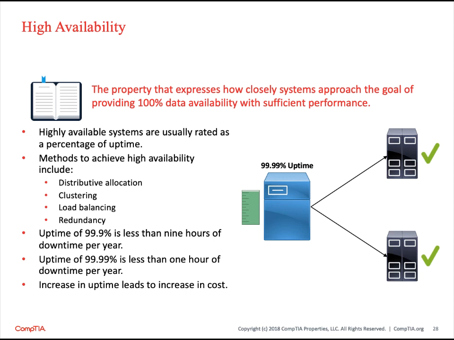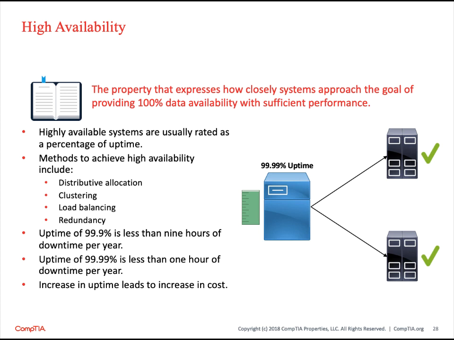High availability. This is the property that expresses how closely systems approach the goal of providing 100% data availability with sufficient performance. So high availability systems are usually rated as a percentage that shows the proportion of expected uptime to total time.